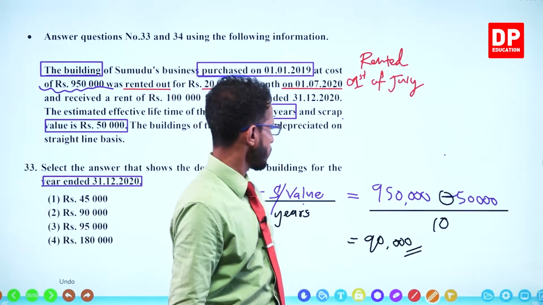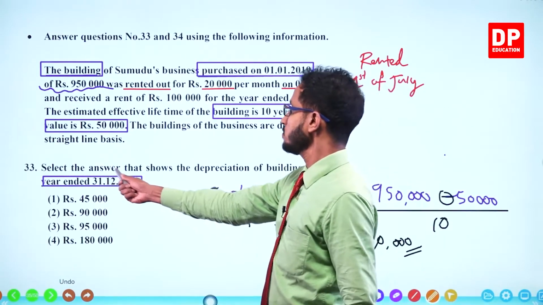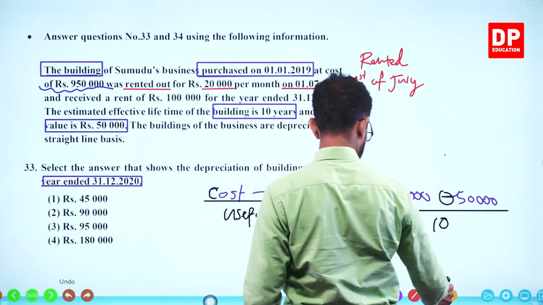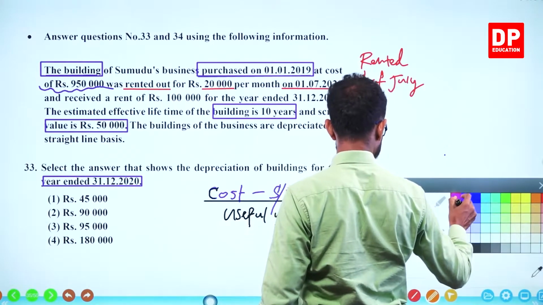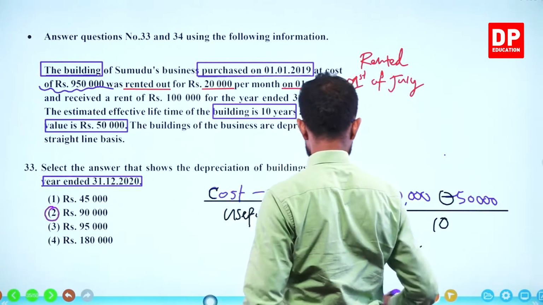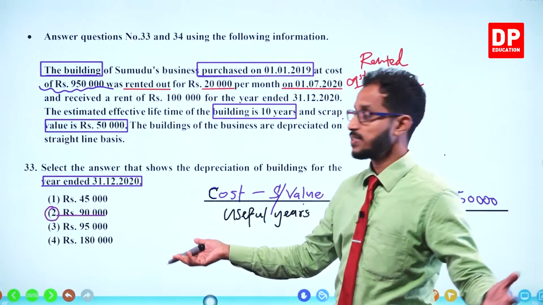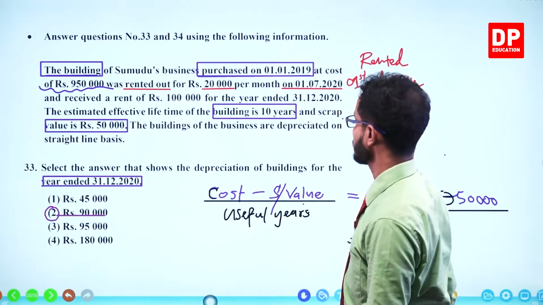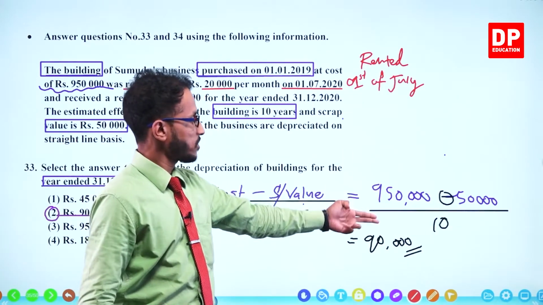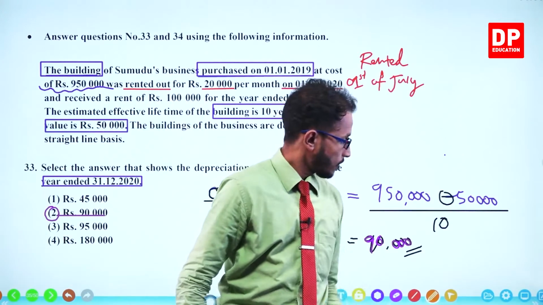Answer is 90,000, children. That is the full year's depreciation of the building. That's it. 33 done. Did you get the calculation? Got it right? Okay, moving on.